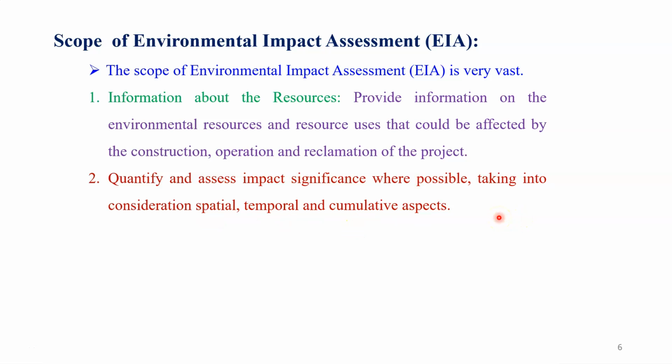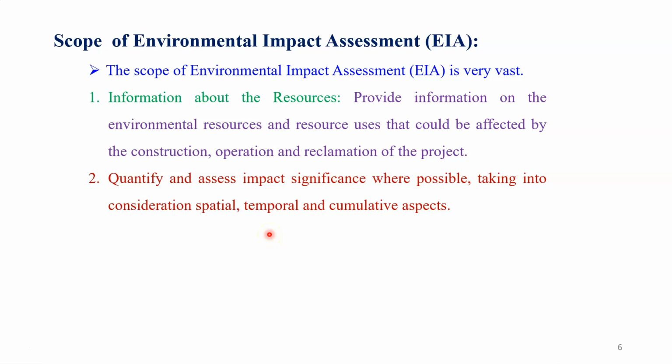This is a very important point, dear student, because when we study the environmental impact assessment, we always study what the possible impact in the future of that particular project will be. Spatial means place to place, and temporal means with time. Suppose we started this year, so what will happen after 3 years, 5 years, 10 years, and so on. So with respect to time, and with respect to spatial, meaning place to place.